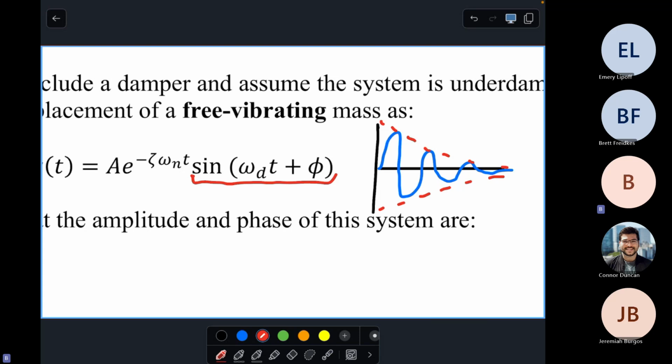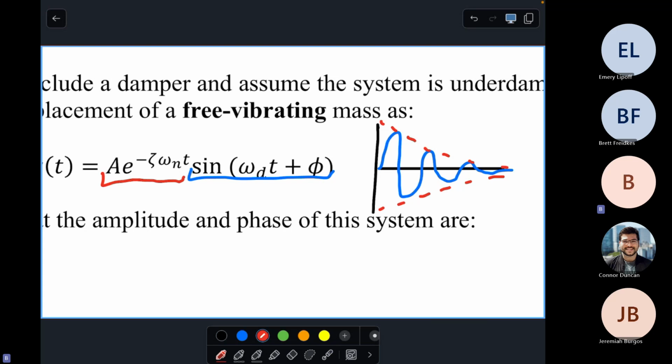Let me switch the colors around. That's the sine wave, and this thing in the front dictates the amplitude of the motion. What does A depend on? A, the amplitude, depends on the initial conditions. So coming back to your question, if you have 7 delta t, your initial velocity is bigger, that A will be bigger, which causes the amplitude of your motion to be bigger.